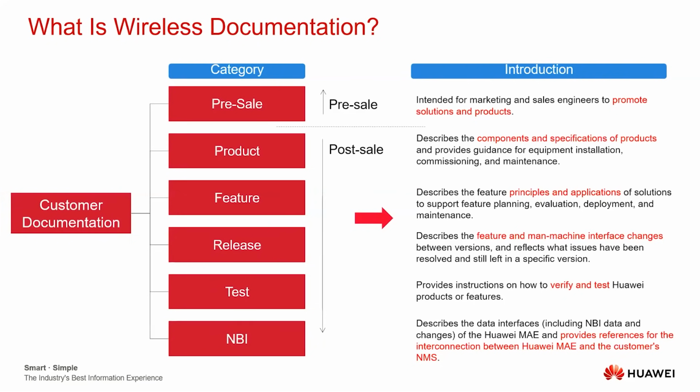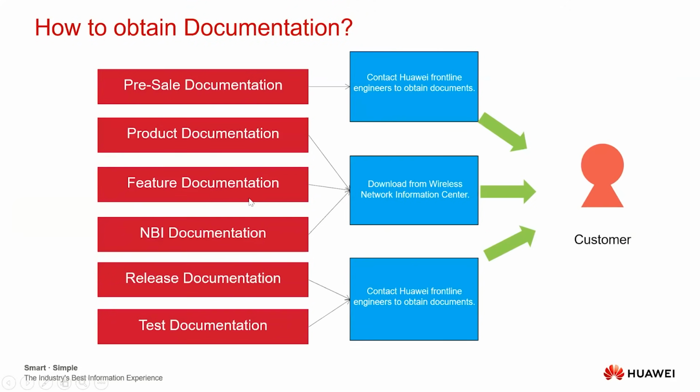That's a really good explanation of what our customers can access. But how can I actually get all these documents? Okay. Now let's go to the next one. Here you can see that we have 3 channels for customers to get the documentation. First one is for the pre-sale documentation.